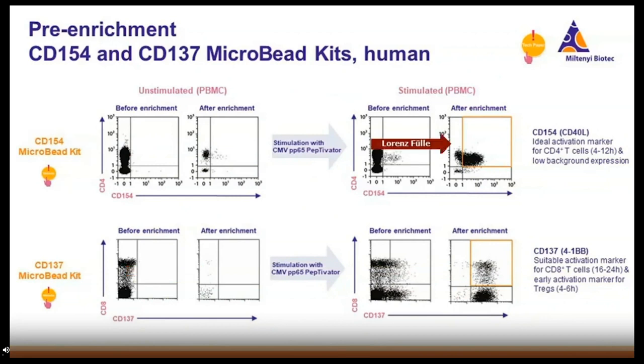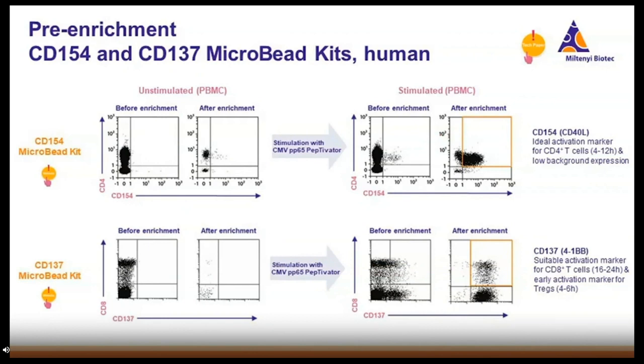However, following the stimulation, the antigen-specific T cells heavily upregulated the respective markers and could therefore also be easily enriched with the respective MicroBead kits. These isolated cells can then be used for any downstream applications, like, for example, sequencing of T cell receptors.